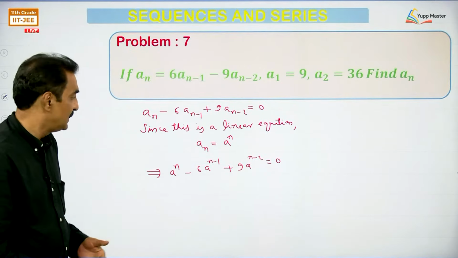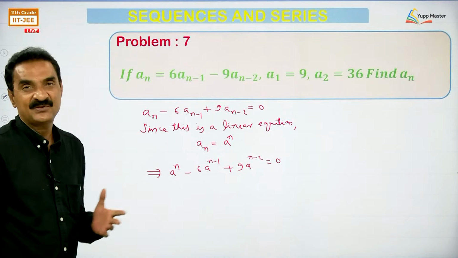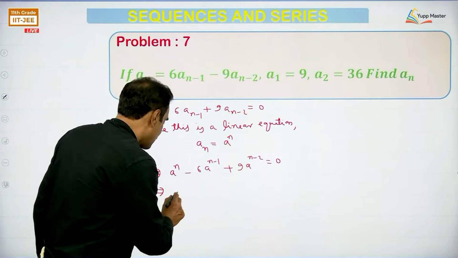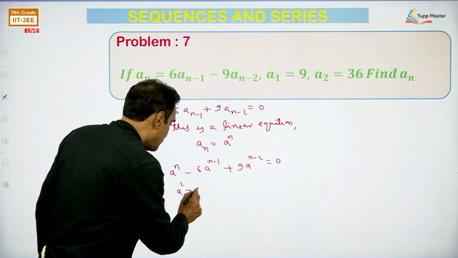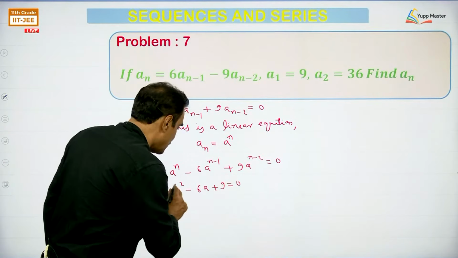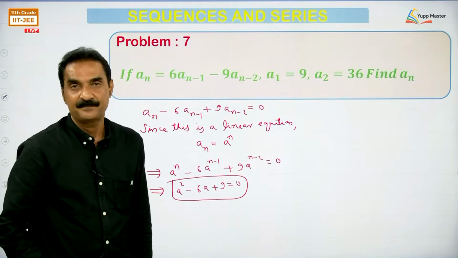Alright. Now you can cancel a power n minus 2 on both sides. Cancelling a power n minus 2, you will get a square minus 6a plus 9 is equal to 0, which is the characteristic equation of this recurrence relation.